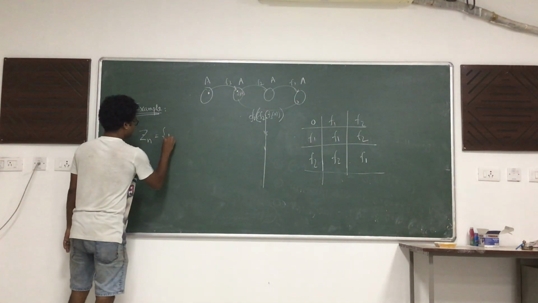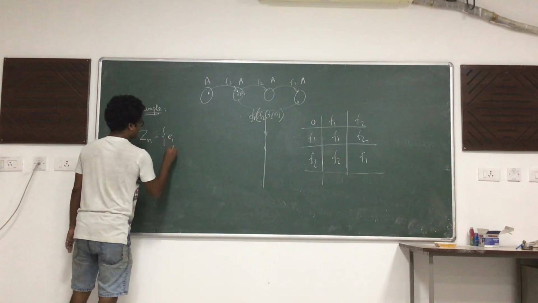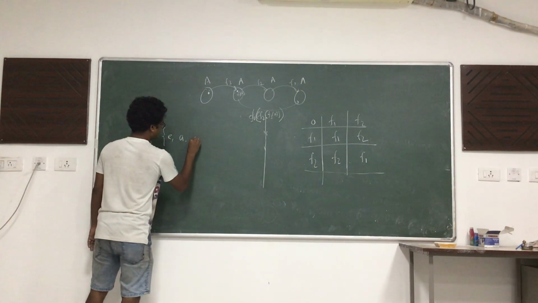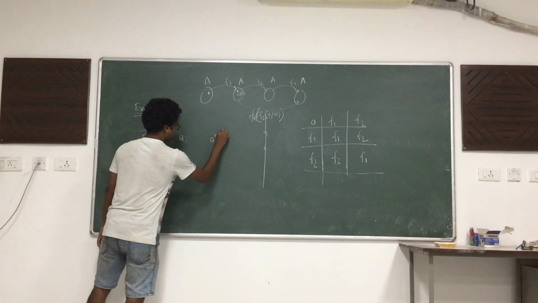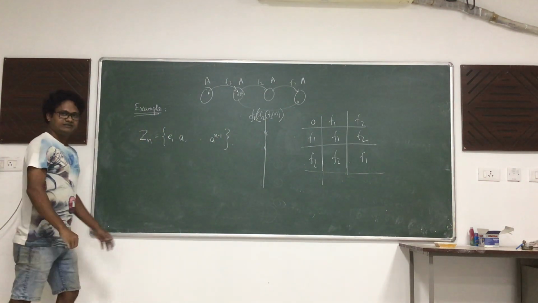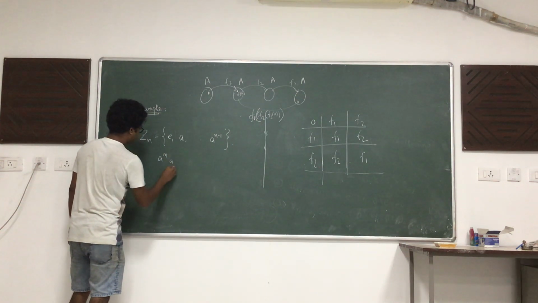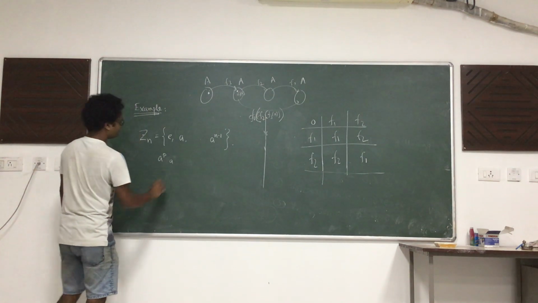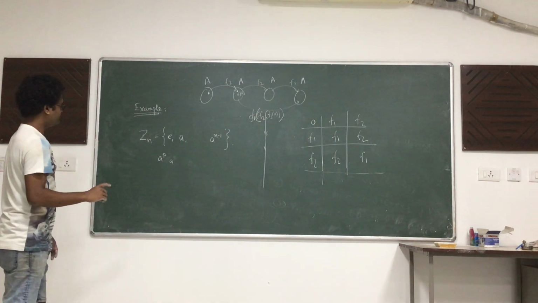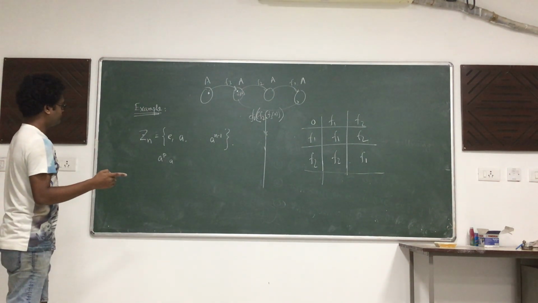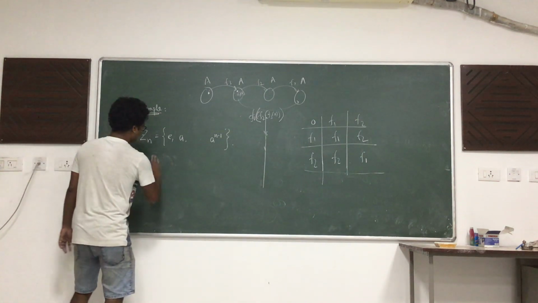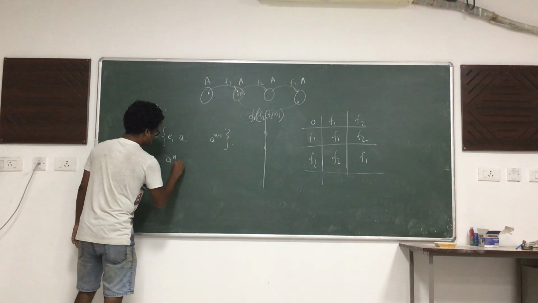It is the collection of E, A, A squared, up to A to the power n minus 1, such that A to the power n is the identity.